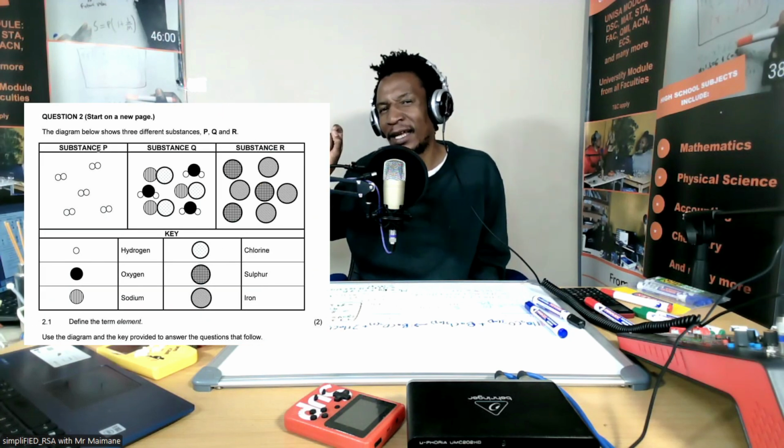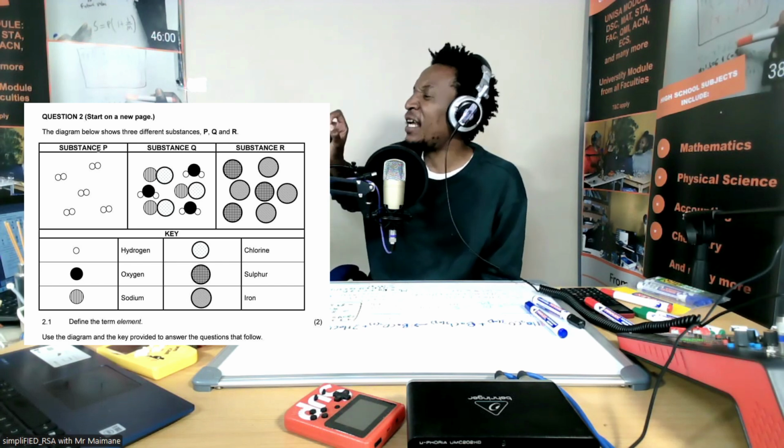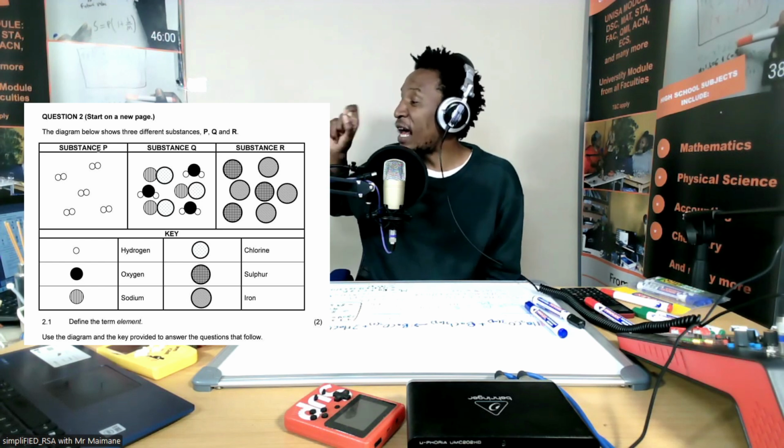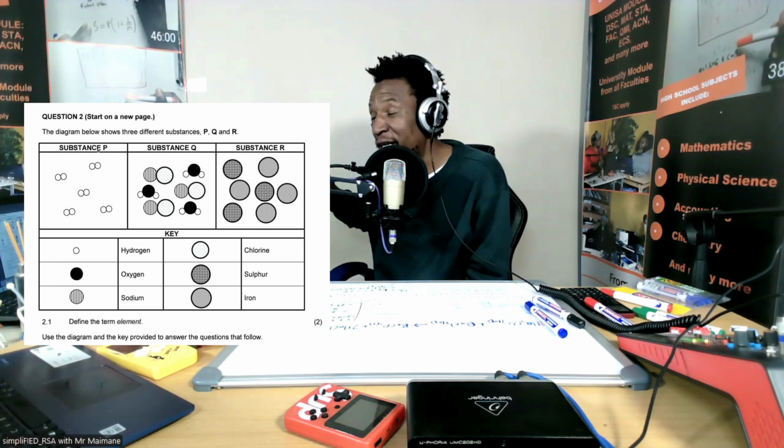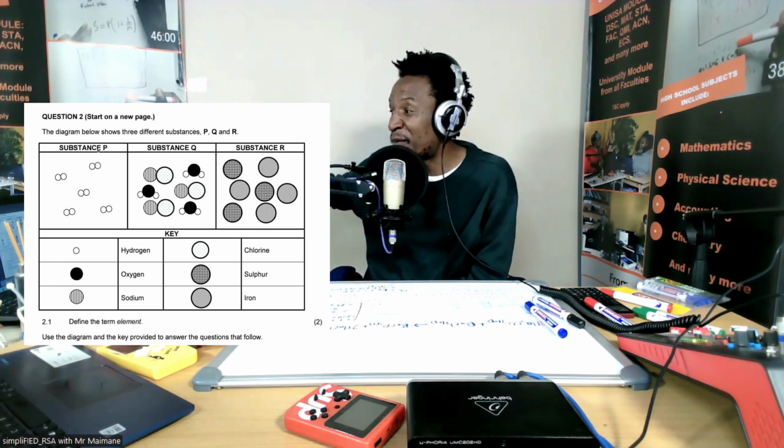So if we look at our question again, we have the key. The small circle represents hydrogen. That's a hydrogen atom. And then we have oxygen, sodium, chlorine, sulfur, and iron on the key that make the elements that we have up there.